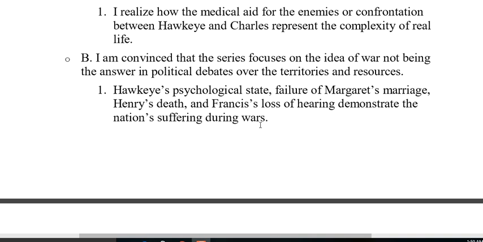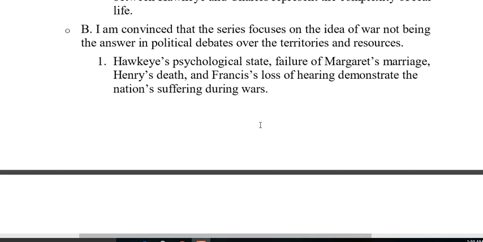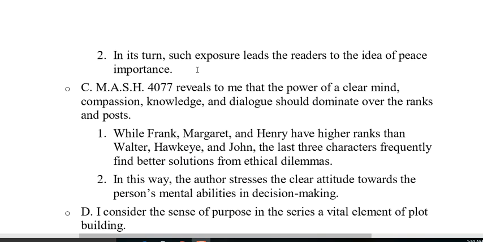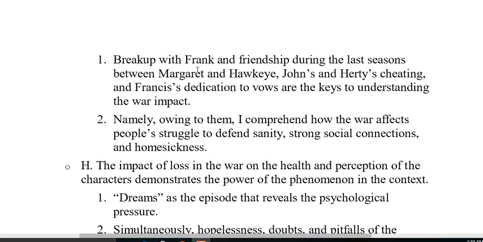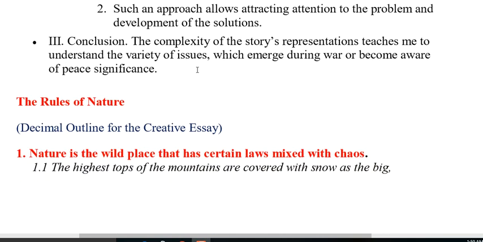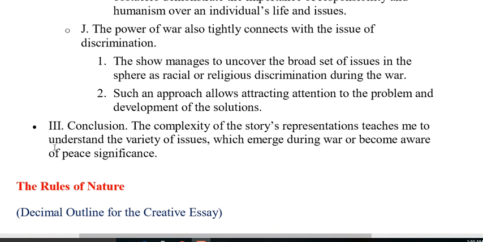Fine. Dear students, you found that every entry is a sentence entry, more detailed and with more reference. Fine. And then you go to the last section, which is conclusions.